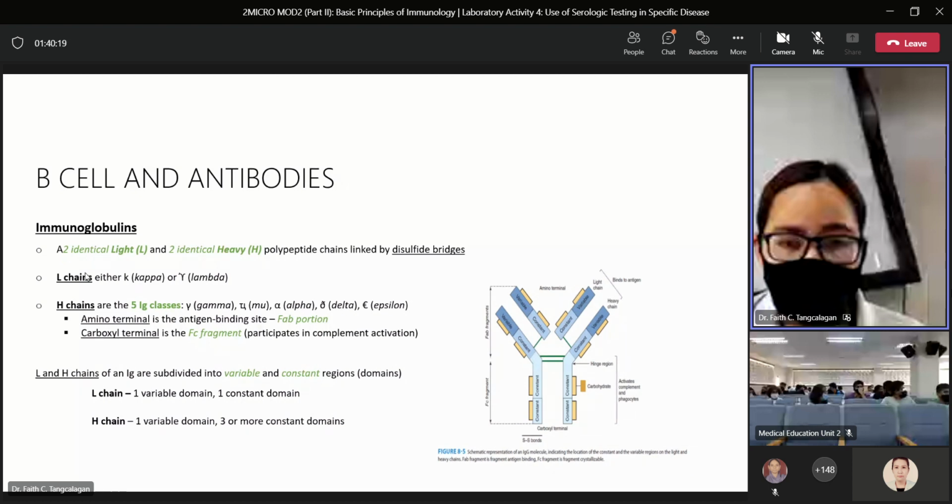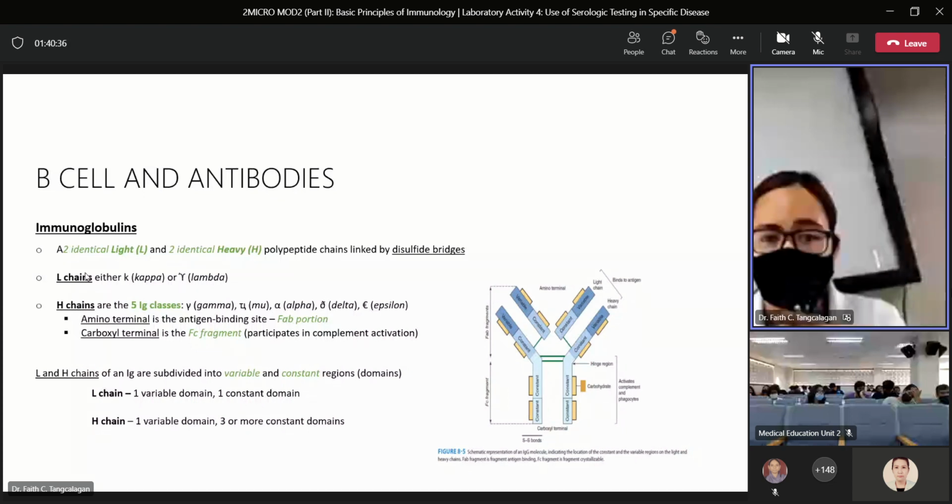So the two subtypes of light chains are kappa and lambda, while the heavy chains provide the distinction for classifying five immunoglobulins. These are alpha, delta, epsilon, gamma, and mu. These are your five Ig classes.